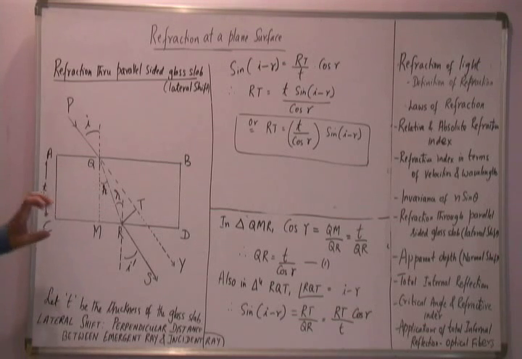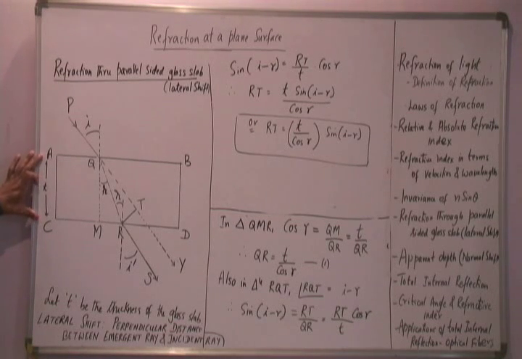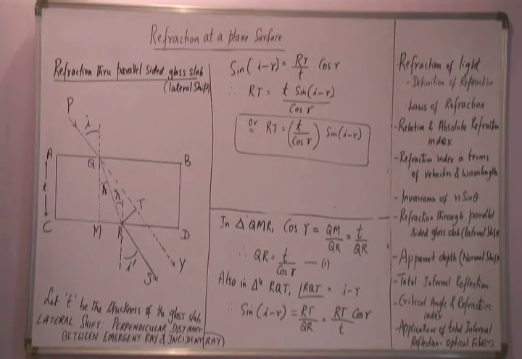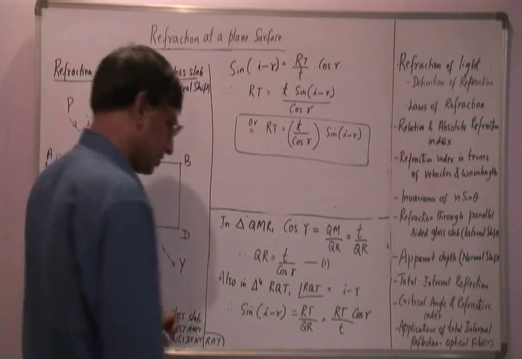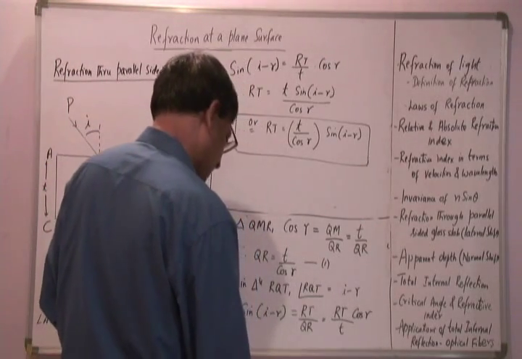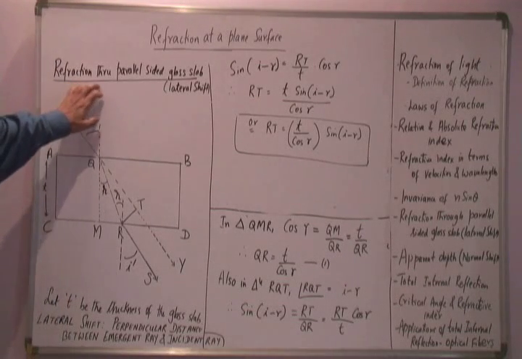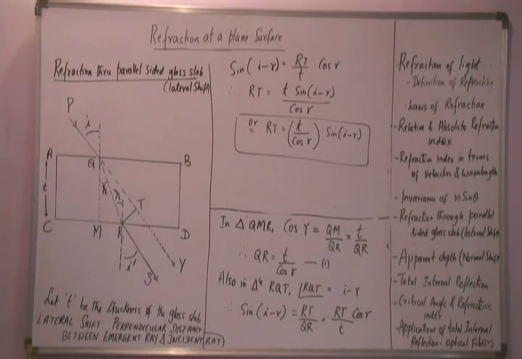We also know that the lateral shift is dependent on the thickness of the material, or the thickness of the glass slab. So the larger the value of T, the larger will be the lateral shift. These are some of the considerations that we can think of. With this we are concluding the discussion on refraction through a parallel-sided glass slab.